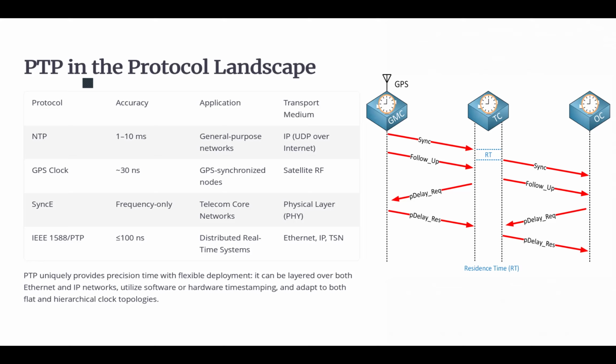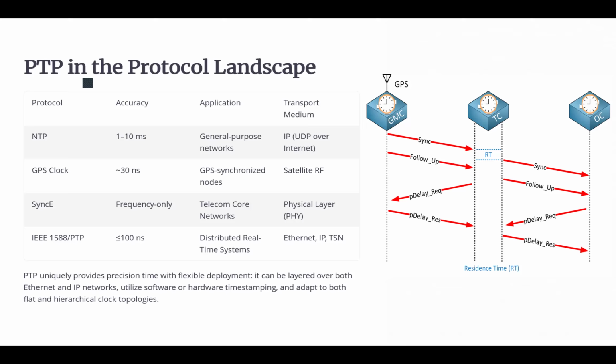Now, another option is synchronous Ethernet, or what we call SyncE. That provides frequency synchronization. Okay, it's not a complete time synchronization. It's a frequency synchronization, so it ensures that all the devices tick at the same speed. It doesn't actually align the time. It's mostly for the frequency and the speed of the clock ticking.